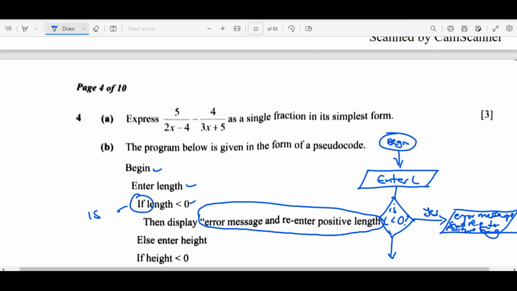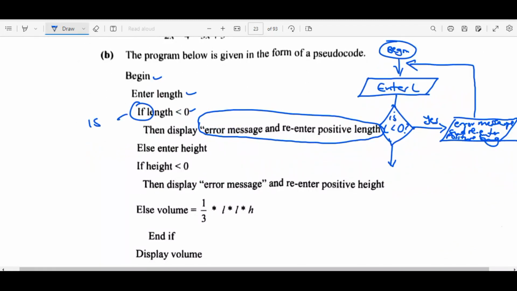If at all we say re-enter, it means that the program will start. The program will start, so we go back.